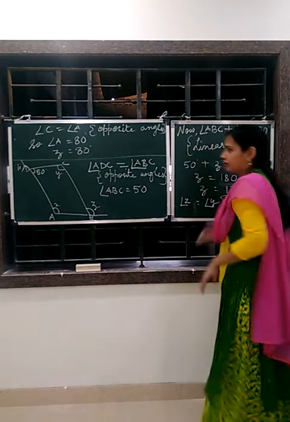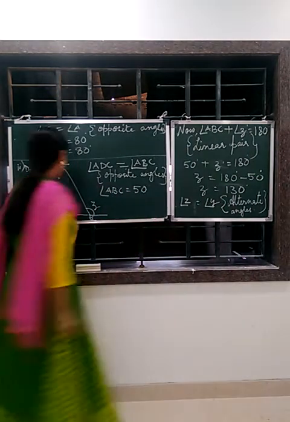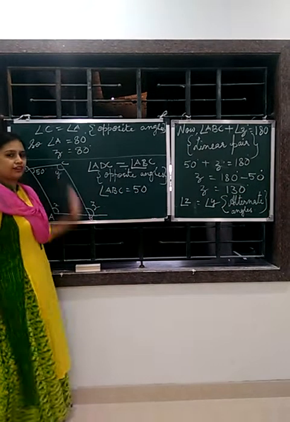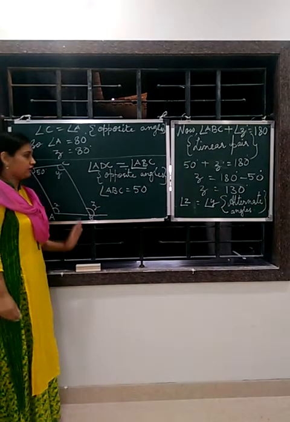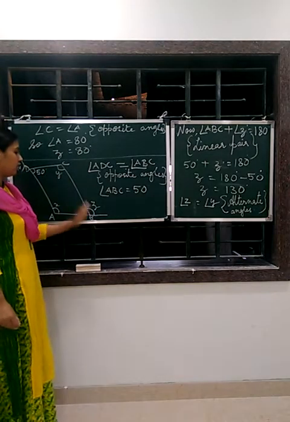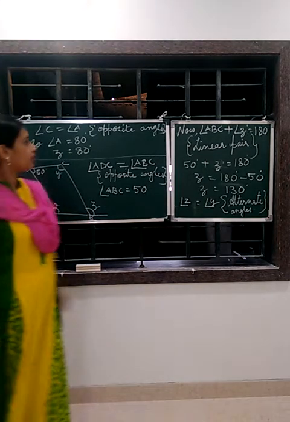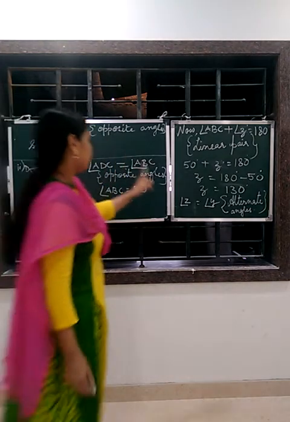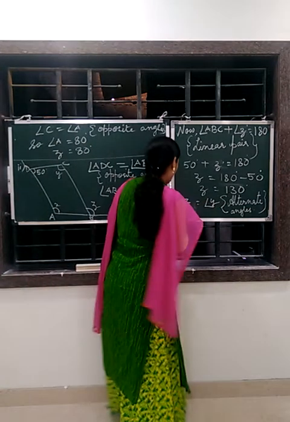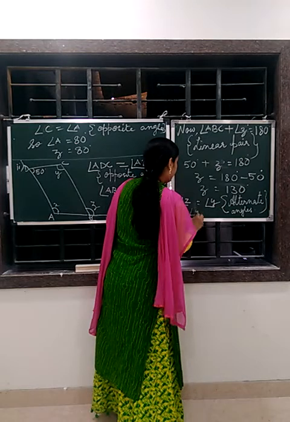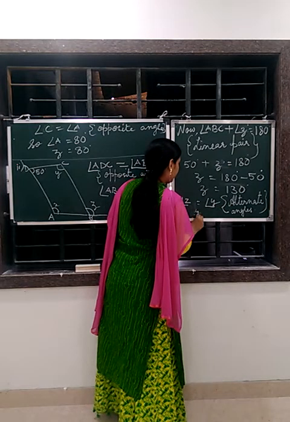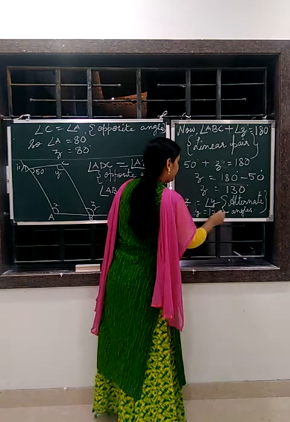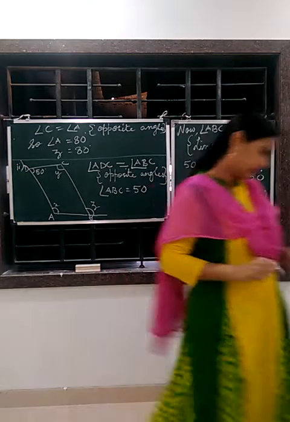Alternate angles are angles formed by two parallel lines and one transversal in between them. So angle Z is equal to angle Y. Because Z is 130, Y will be 130 degrees.